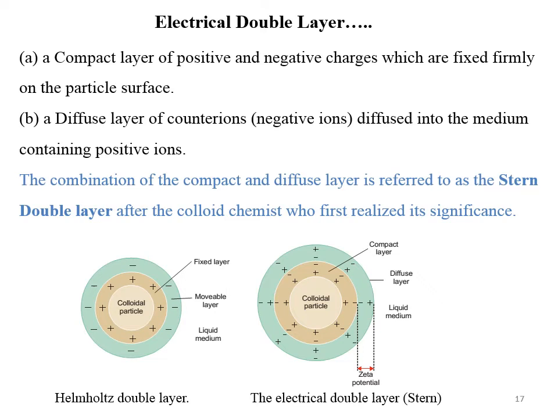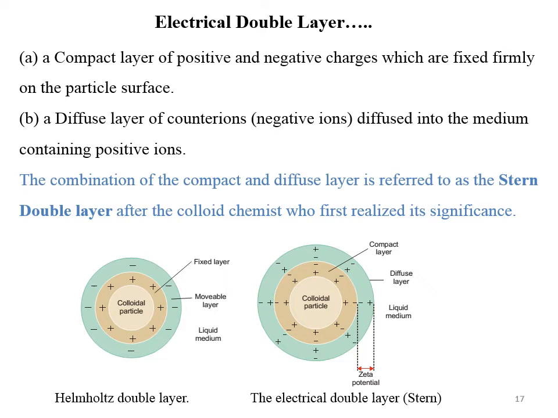So this difference between Helmholtz double layer and the Stern double layer is demonstrated in this figure, which is representing that in case of Stern layer, the first double layer, which consists of positive and negative charges, is very compact. Compact means the charges of these layers cannot move, they are static.